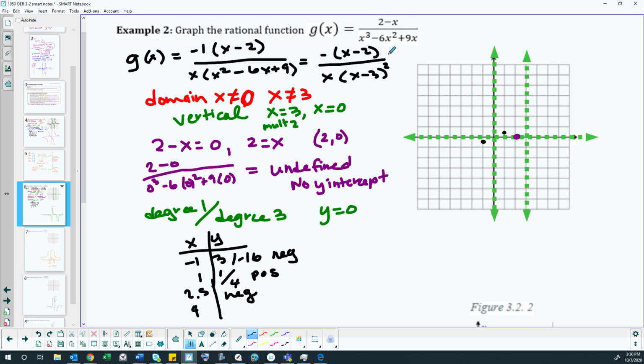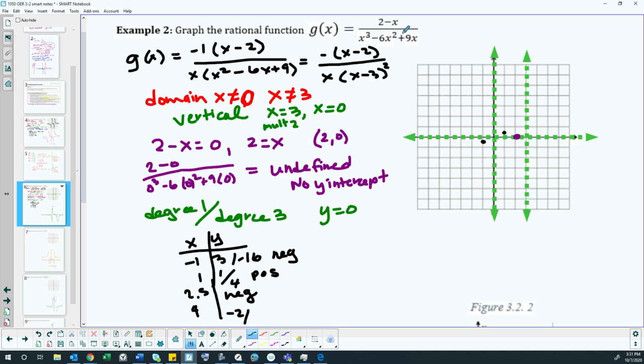Now let's try 4. So 2 minus 4 is negative 2. And then 4 cubed, big number, minus 6 times 4 squared, so that's 16, plus 9 times 4. I'm going to throw it in a calculator really fast, I'm doing too many assumptions here.